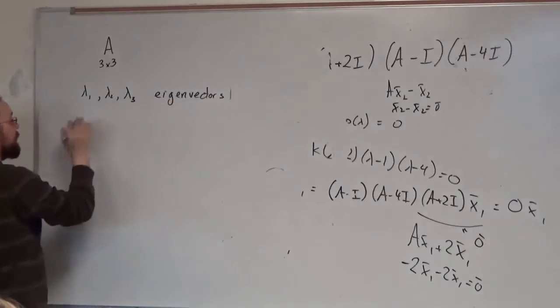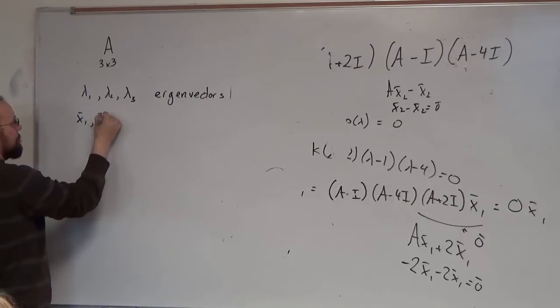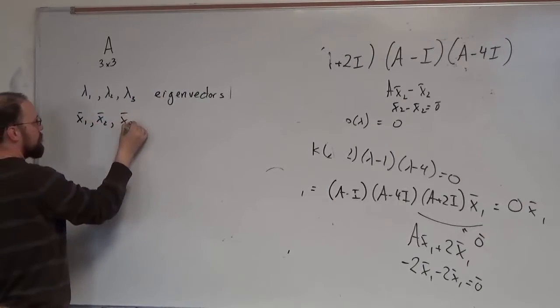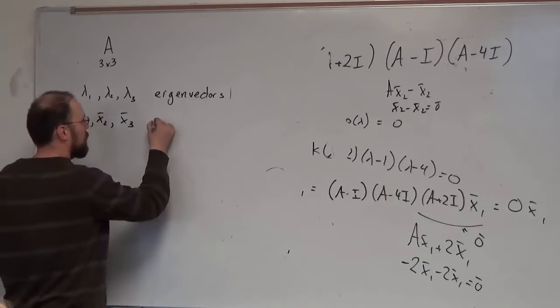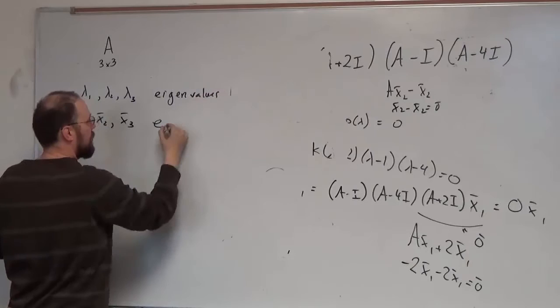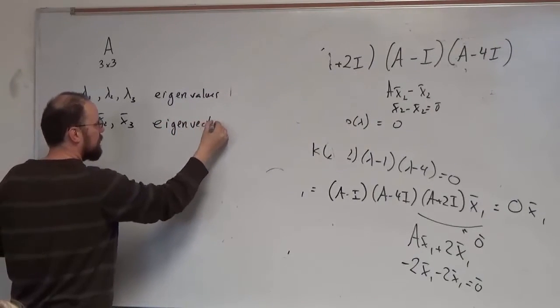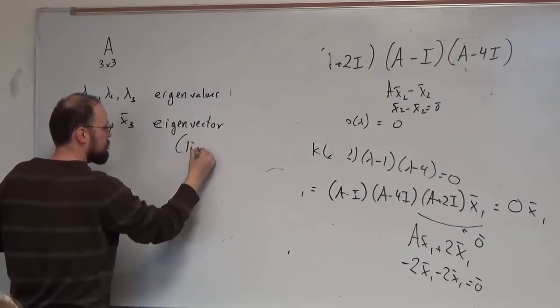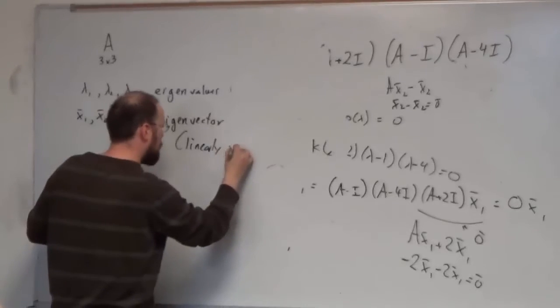I mean linearly independent, sorry. Eigenvalues, and these are eigenvectors, and let's just assume they're linearly independent. It's not necessarily the case. I'll show you examples, but it's not.